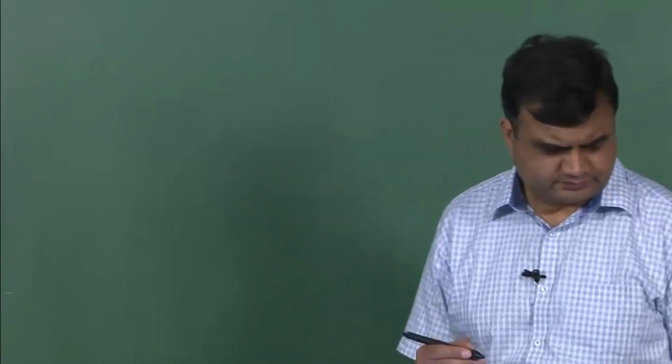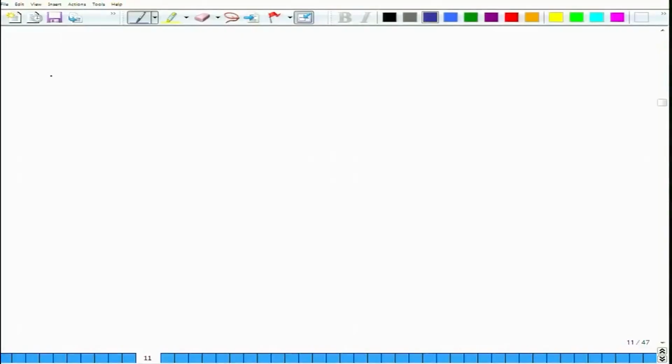So, consider a laminate, and we will consider a simple laminate which has, let us say, just 3 layers. This is layer 1, this is 2 and this is 3, and the mid plane of the system is somewhere here.